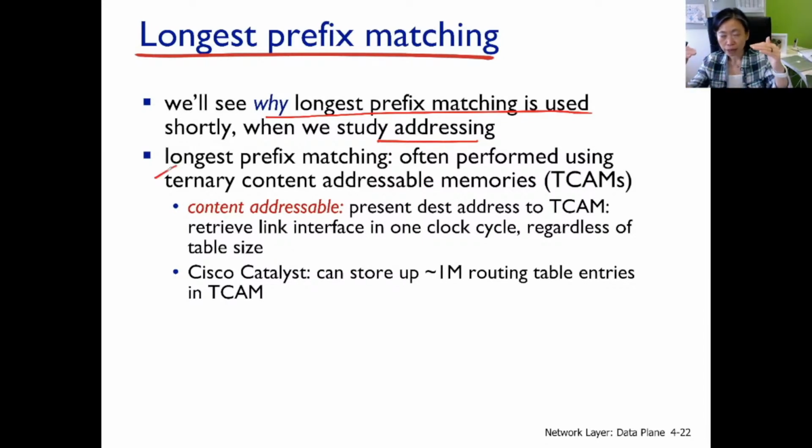If you recall, in the lower part of the router, the data plane, we often use hardware to optimize all sorts of processing there. This prefix matching is performed using specialized hardware called TCAMs, ternary content addressable memories. It's not strictly a memory space. It's actually memory space with some computation circuitry.